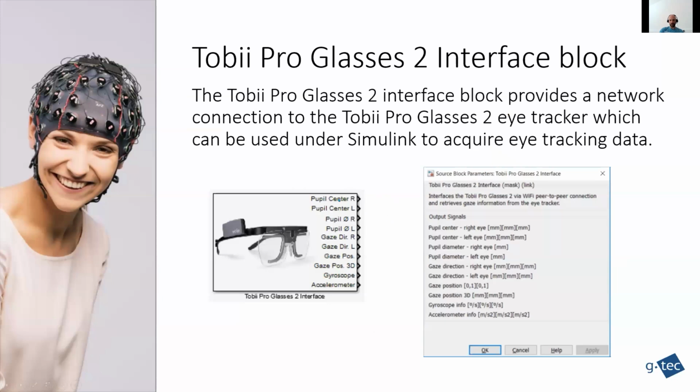And you will get from the Simulink interface the positions in 3D space in millimeters for further processing. The only difference is the gaze position, because it's not coming in 3D space, it's coming in a 2D space in relation to the full live scene view video.